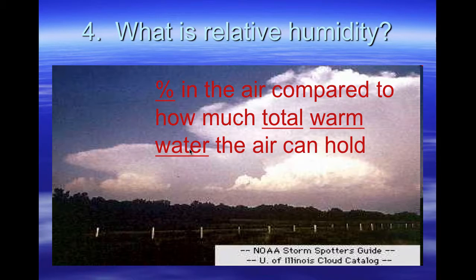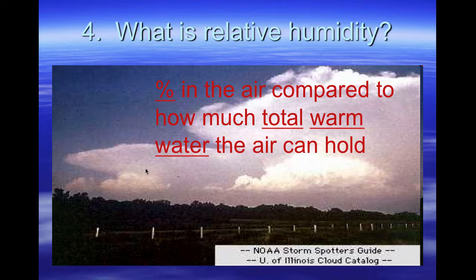Relative humidity is how much water vapor is evaporated into the air compared to how much the air can hold. So for instance, if this is a summer day, it's going to be able to hold a whole lot of water. Almost, let's say, all the air can hold water.